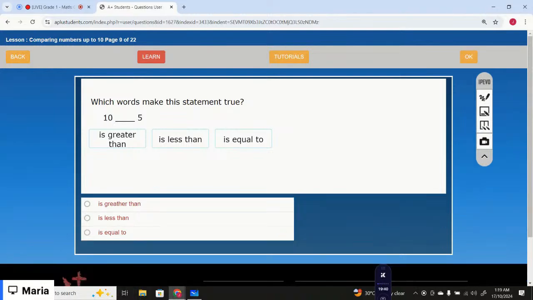Which words make the statement true? 10 and 5. Which is the correct option?